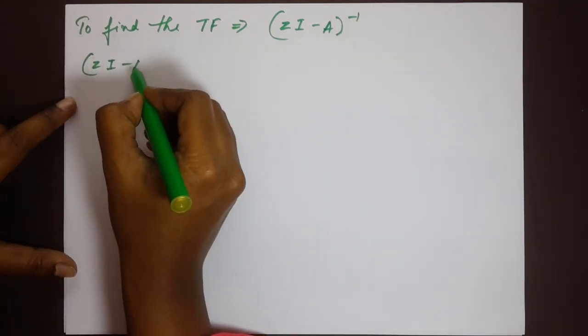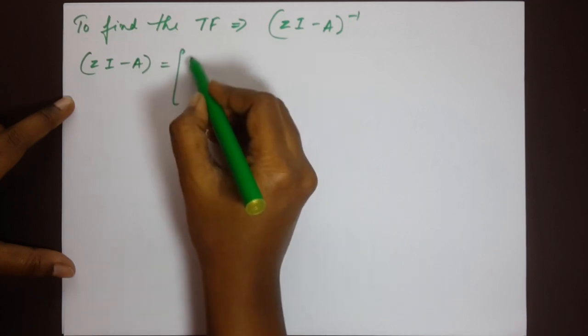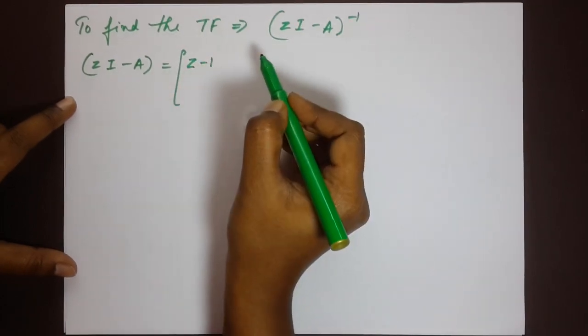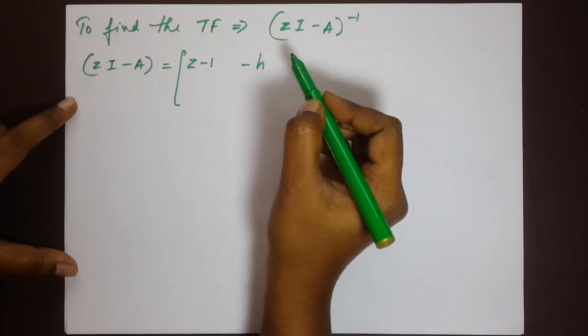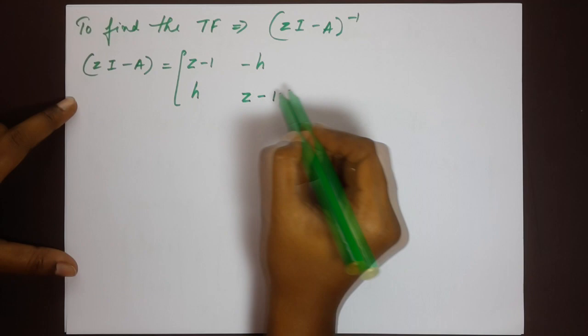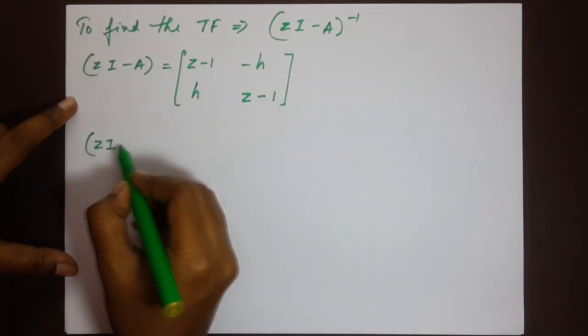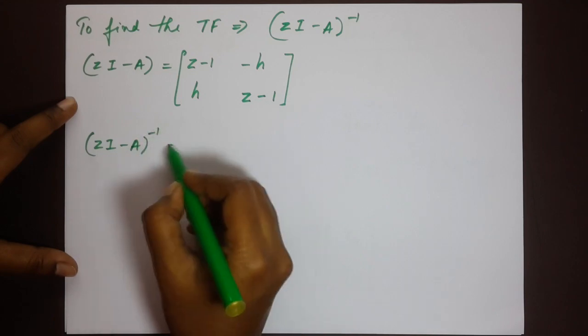Now zI minus A can be written as z minus 1, minus h, h, z minus 1. Now we need to find out the inverse, zI minus A inverse.